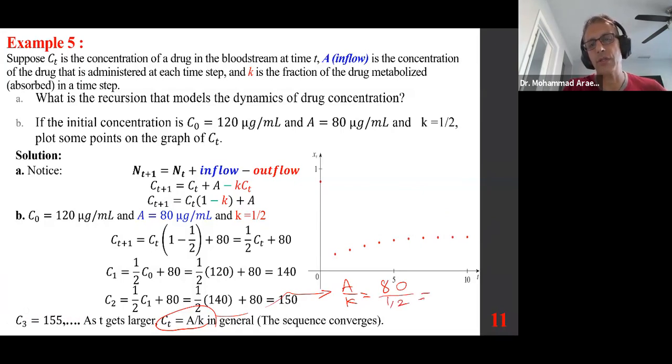Division by 1/2 means multiplication by 2. So 160 micrograms per milliliter. What does it mean? It means you can keep on giving the medication to the patient. It will never go beyond 160. Why is that important? Because based on the calculation that they have done, up to 160 is safe, and perhaps after that it's not safe.